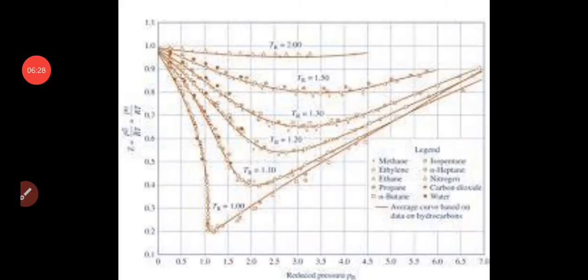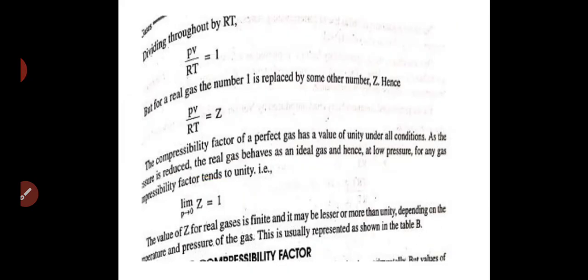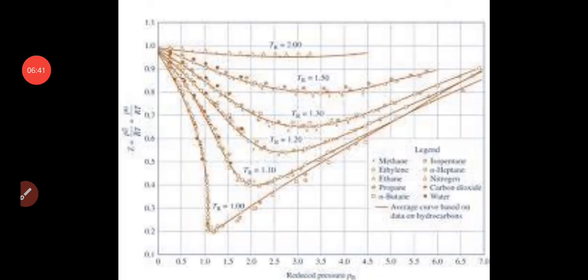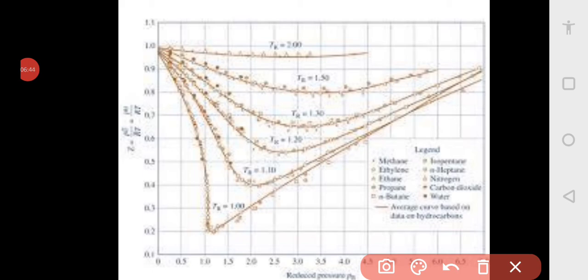Now we shall see the compressibility chart. A reduced pressure of 0.147 is very close to 0, near 0.14, because the next line is 0.5. So this is the line which is nearing 0.144, that is the reduced pressure.